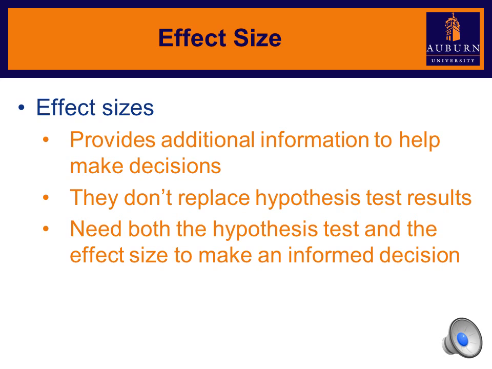So in conclusion, the effect size gives us a less biased estimate of the differences between our 2 populations. It provides additional information that can help us make decisions. However, they don't replace the hypothesis test results. So we don't have a preference for the effect size over the hypothesis test, nor the hypothesis test over the effect size.